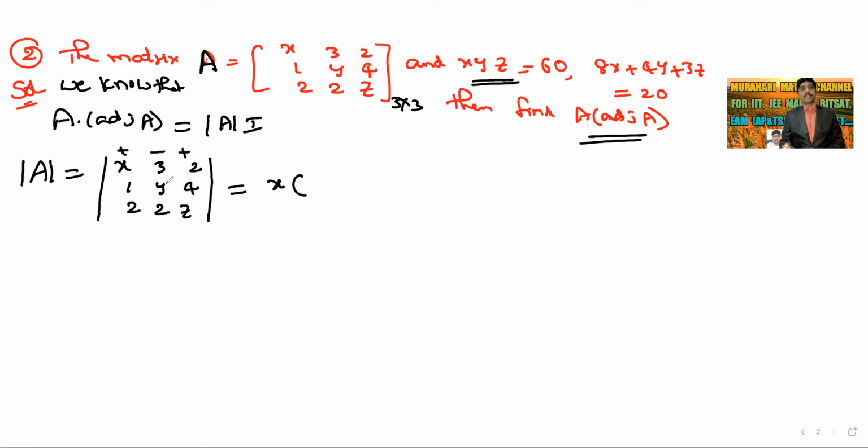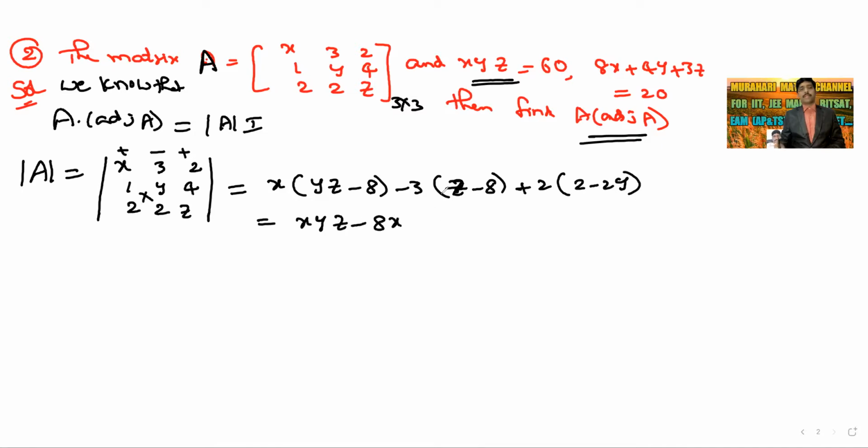x into (yz minus 8), minus 3 times, so 3 is present in the first row, second column, the remaining is (z minus 8), plus 2 times (2 minus 2y). So xyz minus 8x minus 3z plus 24 plus 4 minus 4y.